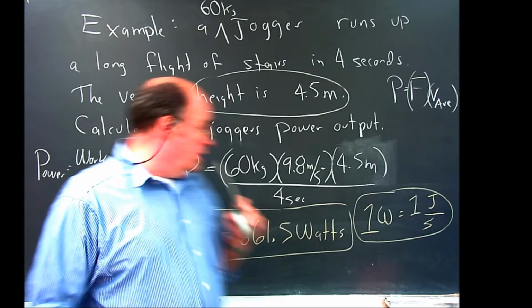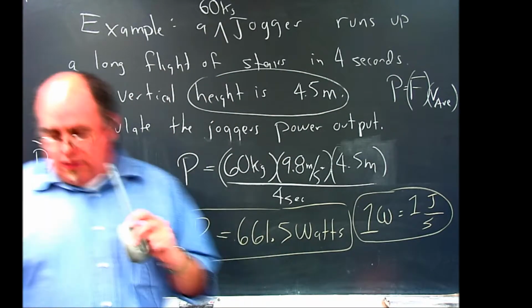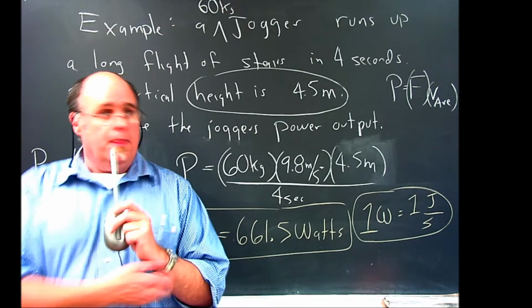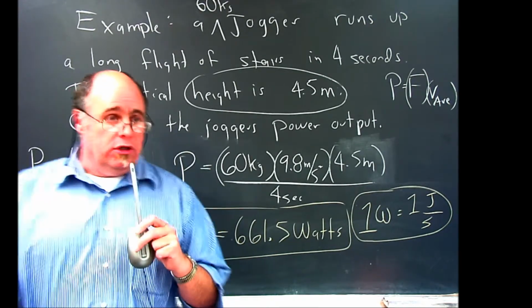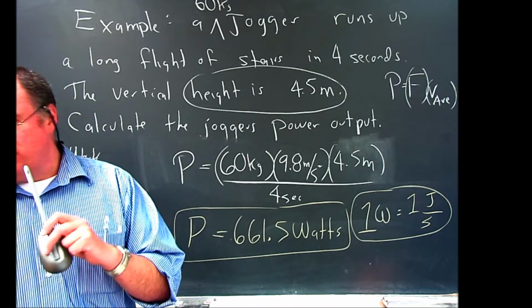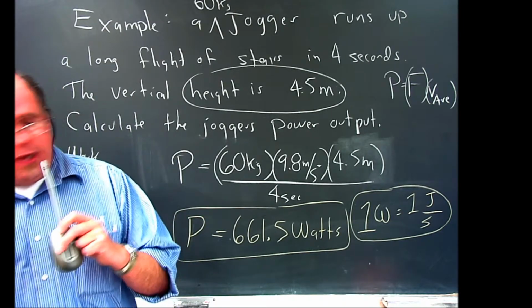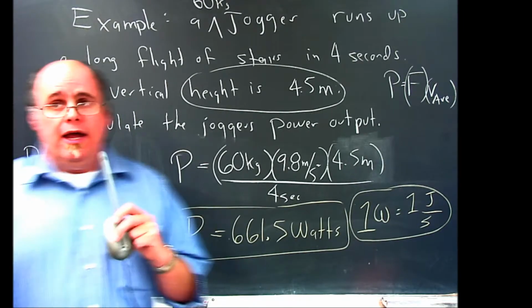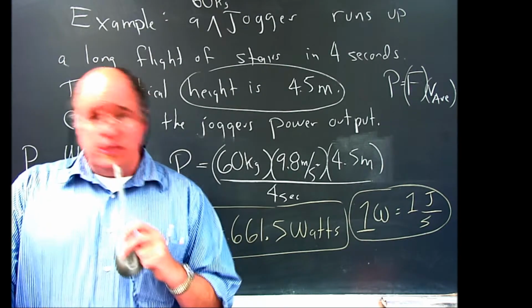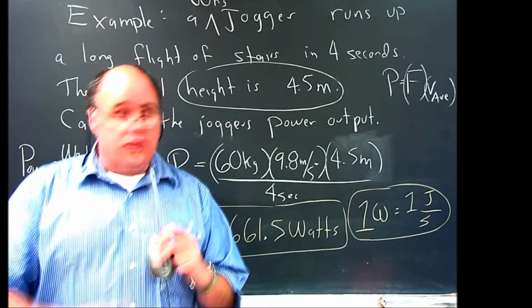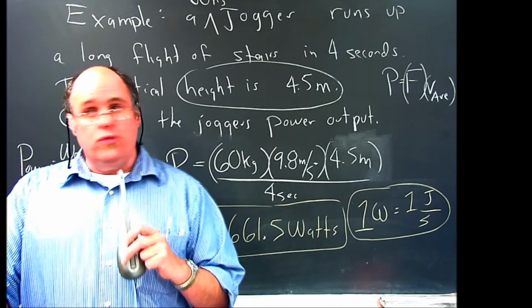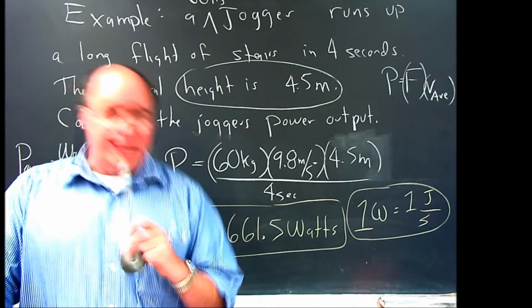When we eat food, we get stored up potential chemical energy, and in my world anyways, I look at the labels on the packages, and it tells me how many calories I am going to consume by eating this food. In some countries, they don't use the word calories, they use the word joules or kilojoules.